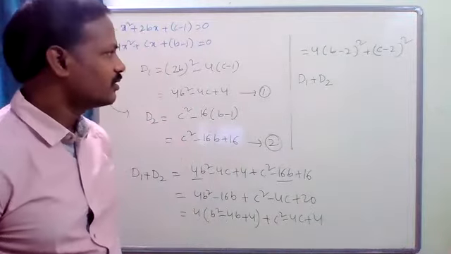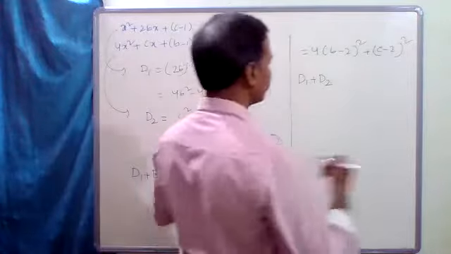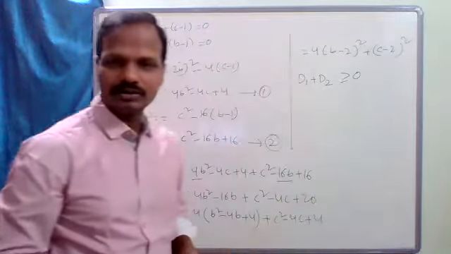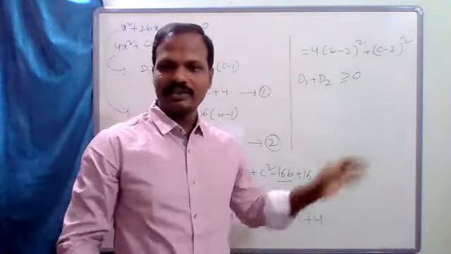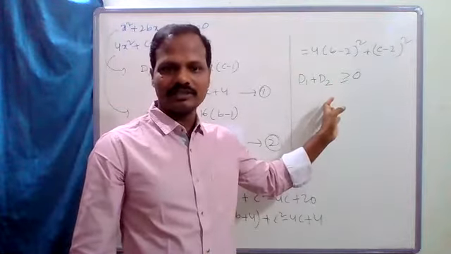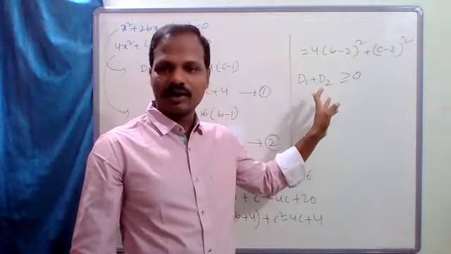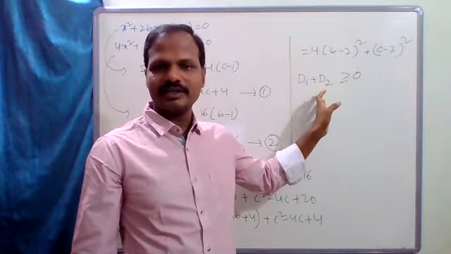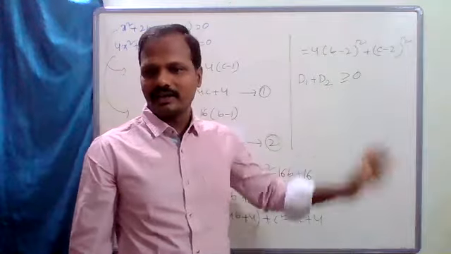So greater than or equal to 0. Greater than or equal to 0 means at least one of them is positive. So what is the conclusion? The conclusion is at least one of the quadratic equations has real roots.